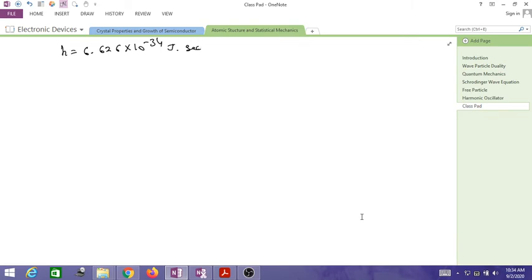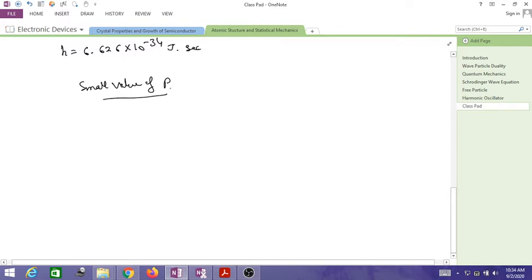Here p is nothing but the momentum. Because these have very small mass, that is why these particles act as waves.